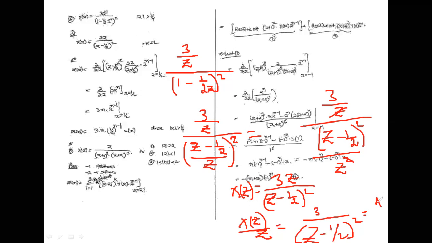You can find out the a value and the b value, and continue. What it matters, students? When we can find this X of z by z function, I'm removing all these ones.